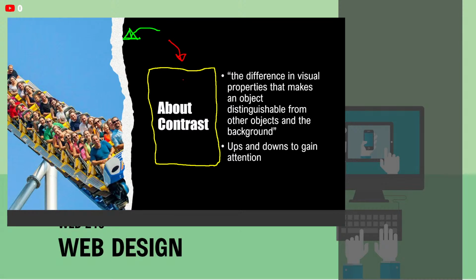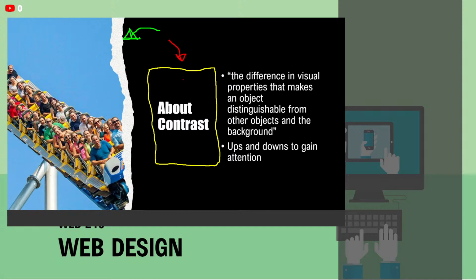Right? And so these are things that we can control if we make deliberate decisions. Right? And that's why we say it's like a roller coaster. There are ups and downs that are used to gain attention. Right? And if you think about a roller coaster, sometimes as you're going up, right, that does something to you. That is getting you to prepare your brain in a certain way to experience something.